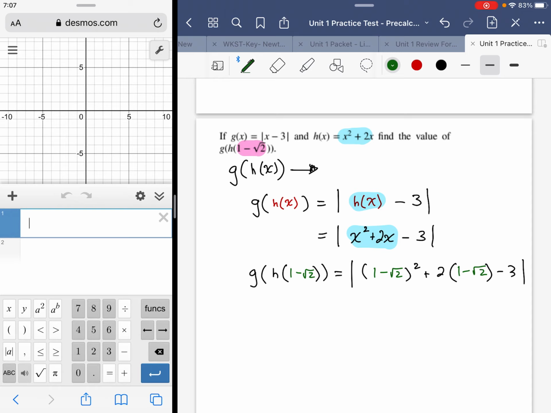And then simplify. All right, but the simplifying part is going to happen on Desmos because, if you look at this, it's not too neighborly.